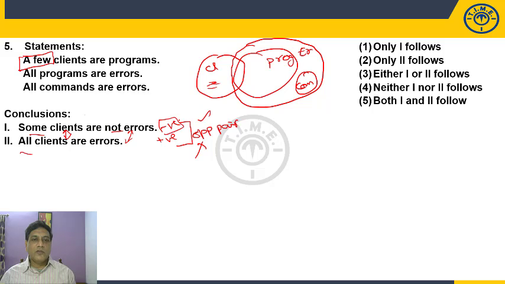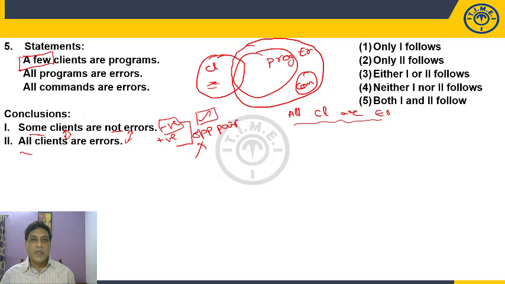When a negative conclusion is true in the basic diagram, we don't finalize it as the answer. We try to check the opposite of it in the alternative diagram. What is the opposite of "some not"? It is "all", and the terms should also be in the same order. All clients are errors. So now, can we draw an alternative diagram for this? Can we take this entire circle of clients inside errors?